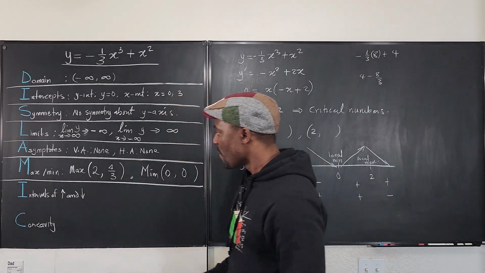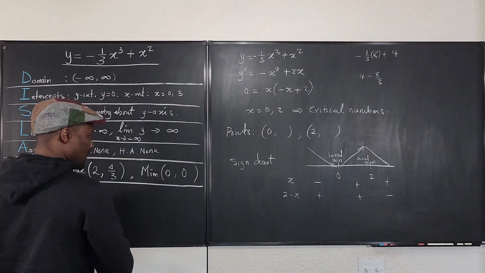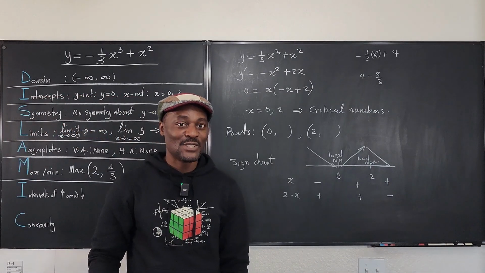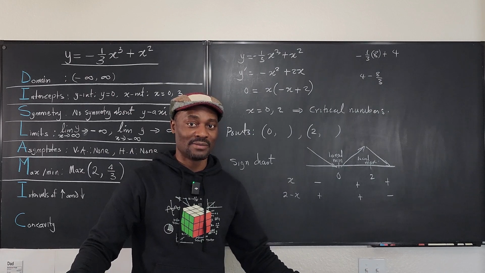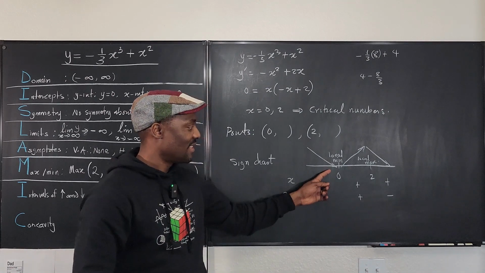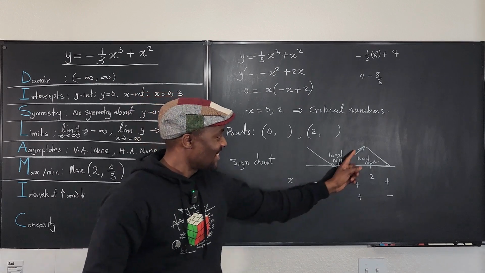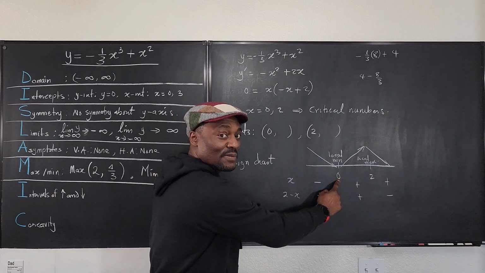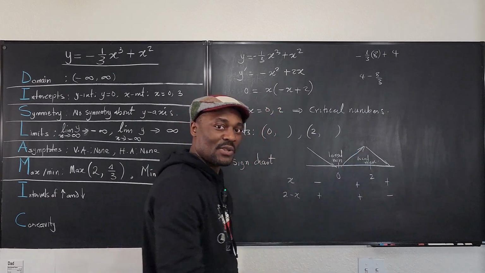Now, intervals of increase and decrease. See, the good thing about this method is you don't need to do any calculation. What are the intervals of increase and decrease? Well, this one is telling you. This is the interval of increase. This is an interval of decrease. This is an interval of decrease.